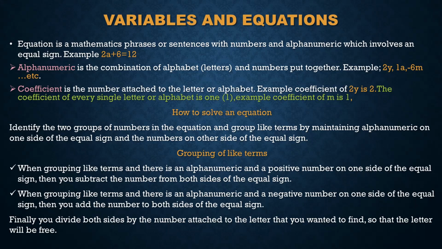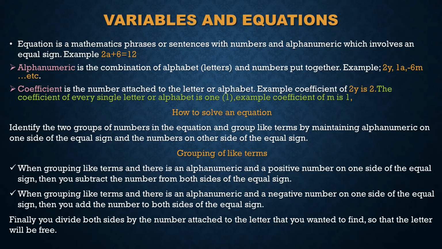How to solve an equation, how to use an equation to solve a problem. One, the first thing you have to do is identify the two groups of numbers in the equation, and you group them by maintaining the alphanumeric on one side of the equal sign and the numbers on the other side.